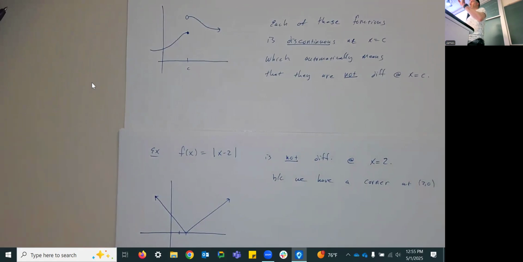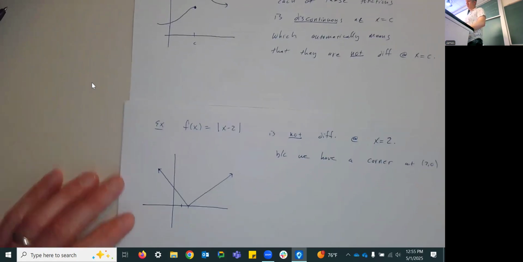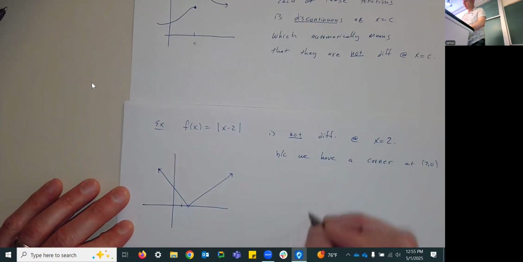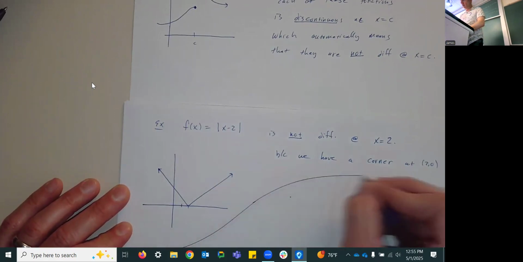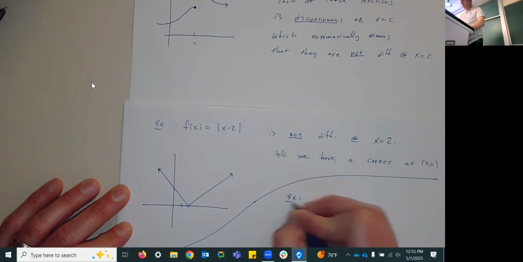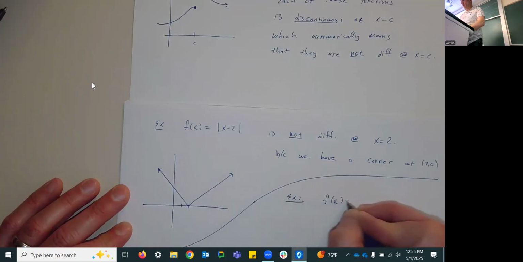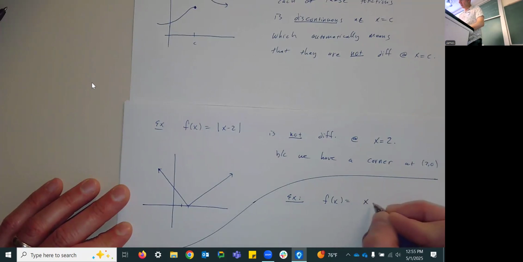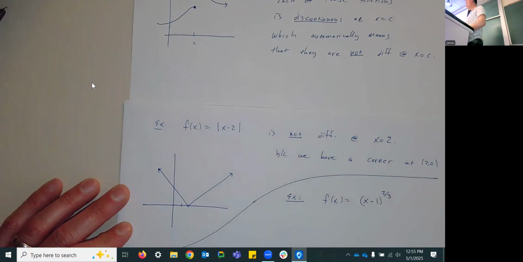Let me give you 2 more examples. And again, one of these we talked about last time, but I still want to show it to you again. Another example is f of x equal to (x minus 1) to the 2/3 power.